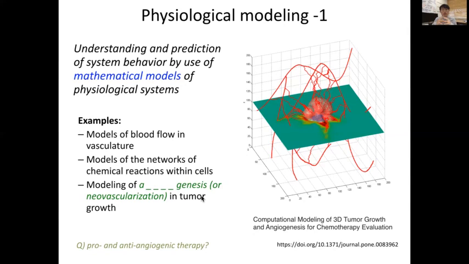So if the tumor growth depends on the new blood vessel formation to feed the tumor, one idea or hypothesis is that if we stop the blood vessel growth, or angiogenesis, we may stop the tumor growth. So this is the famous so-called anti-angiogenic therapy hypothesis. This is a little idea, but a $1 million hypothesis.